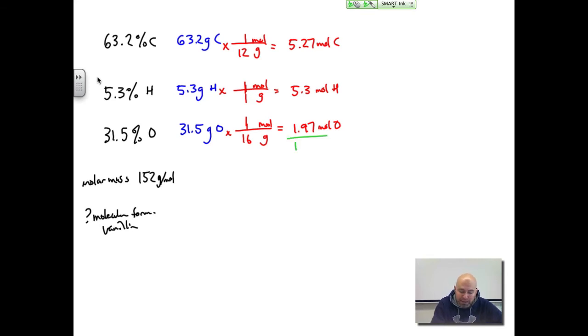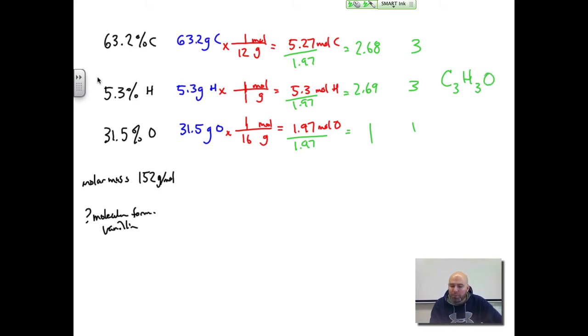That gives you confidence that you're always going to have the simplest whole number, because you always have one that is 1. So there's the 1. In this case we get 2.68 and 2.69, which are then rounded to 3, 3, and of course 1. So my empirical formula is C3H3O, but I'm asking for the molecular formula.